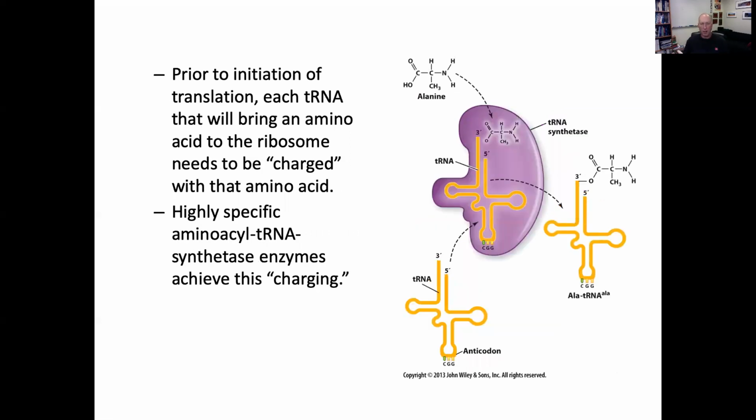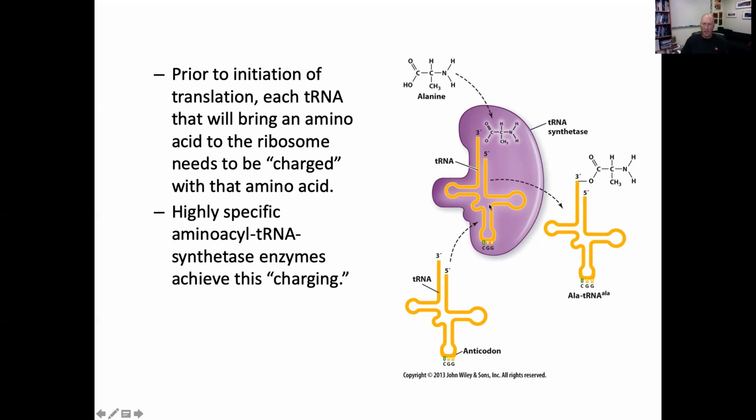Prior to starting translation, each tRNA has to actually be charged with the right amino acid, right? That process is done by enzymes called aminoacyl tRNA synthetases. So this purple blob here is the tRNA synthetase. It's going to recognize a very specific tRNA molecule, and it's going to put on it a very specific amino acid. So there are different aminoacyl tRNA synthetases for each amino acid.